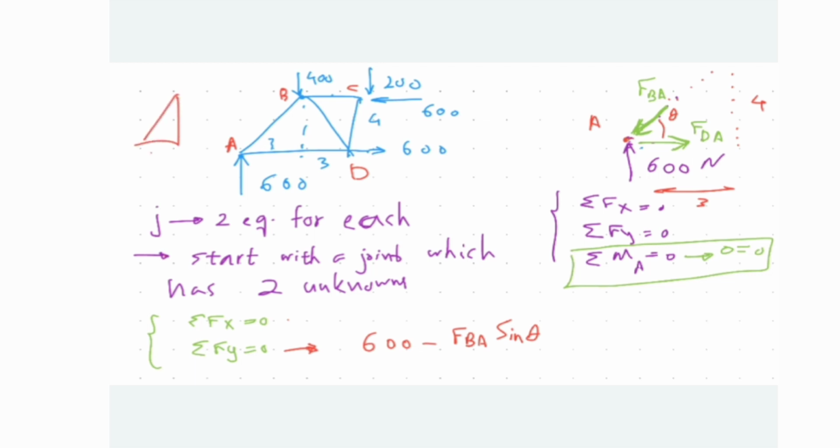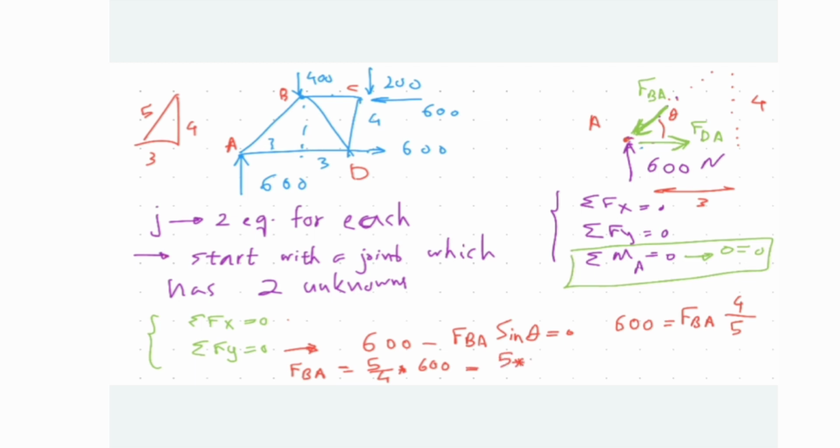If I have a triangle like this, 3, 4, this would be 5. So 600 is FBA times sine of theta, which is 4 over 5, and FBA would be 5 over 4 times 600.